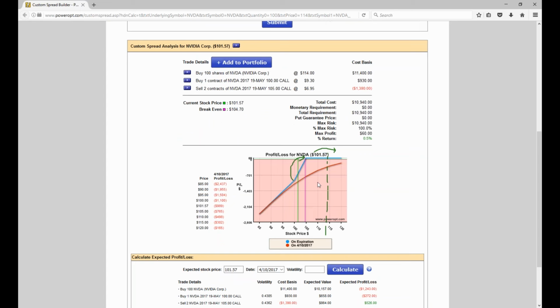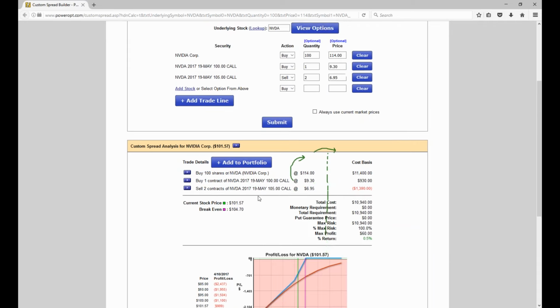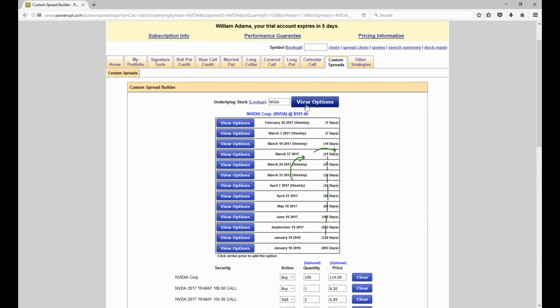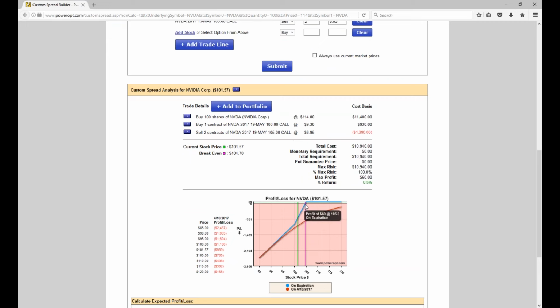But this is a way to get back to break even faster. Using the stock repair tool, we only need the stock to go up a little bit now, only $3 instead of going back up $10, I'm sorry, $13, to our break even. And as I mentioned, oh, it's 84 days out in time, not 70, my apologies. So it's 84 days out in time.